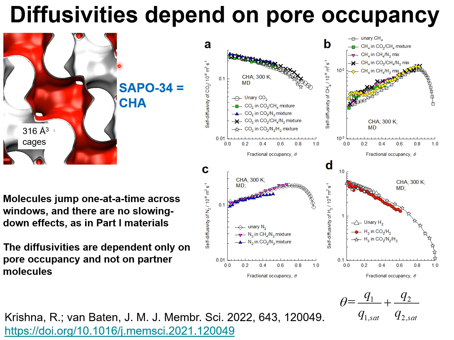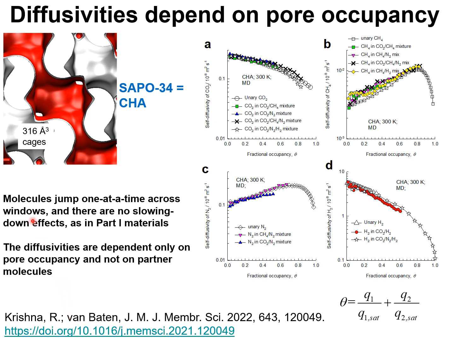The description of diffusivities of gas molecules inside cage-window structures such as Chabasite, DDR, LTA, ZIF-8 is much simpler than for the materials considered in part 1, because for cage-window structures the diffusivities depend only on pore occupancies and not on the partner molecules.